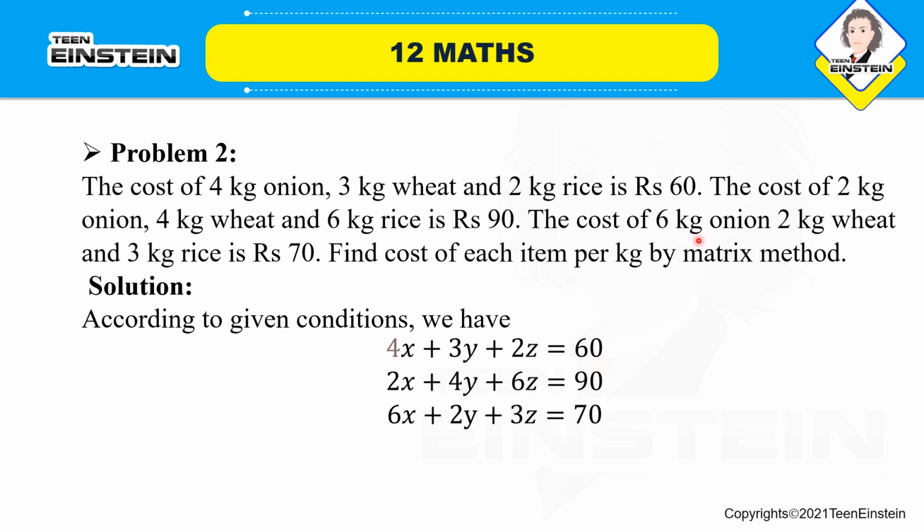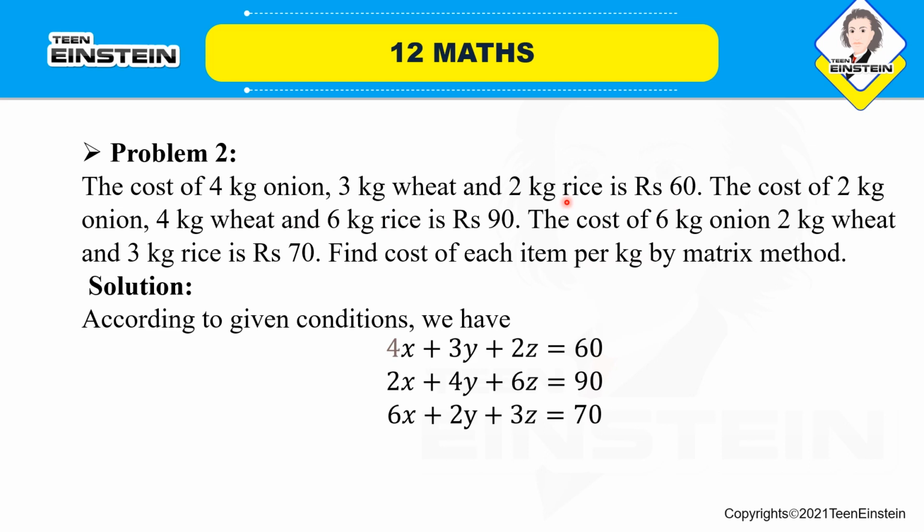The cost of 6 kg onion, 2 kg wheat and 3 kg rice is 70 rupees. Find cost of each item per kg by matrix method. So what is given in this problem? How to read it carefully. We are discussing three products, right? One is onion, then wheat, next one is rice.